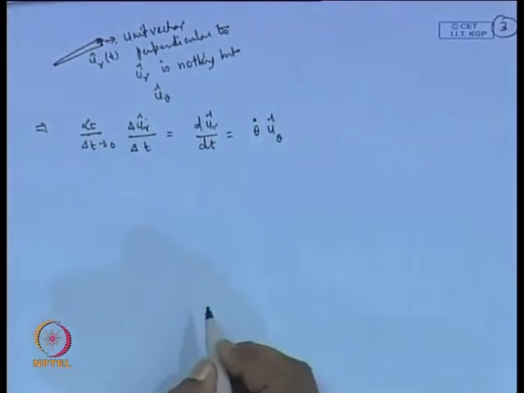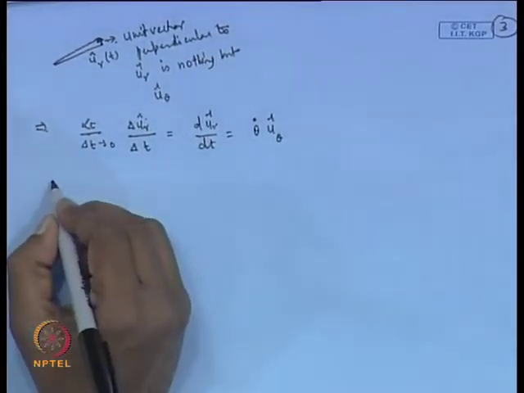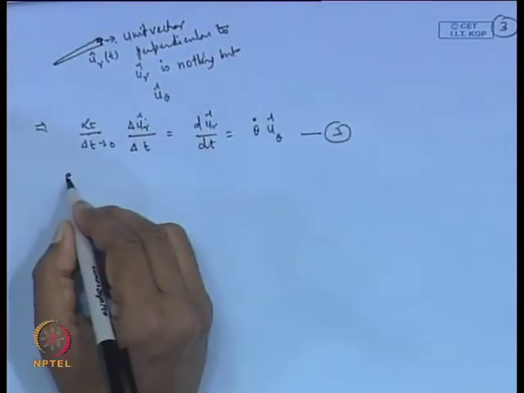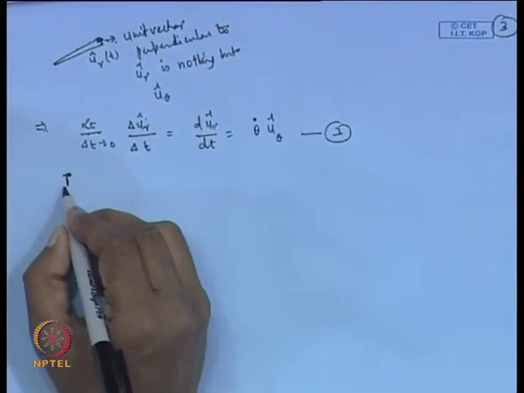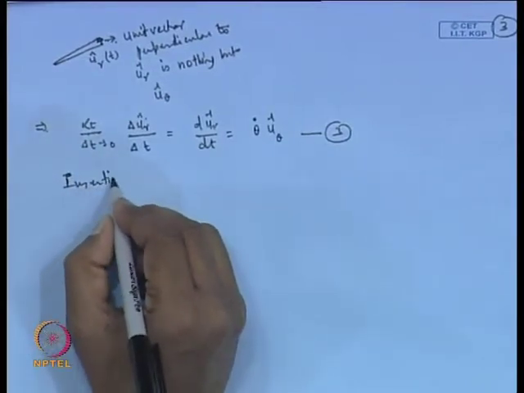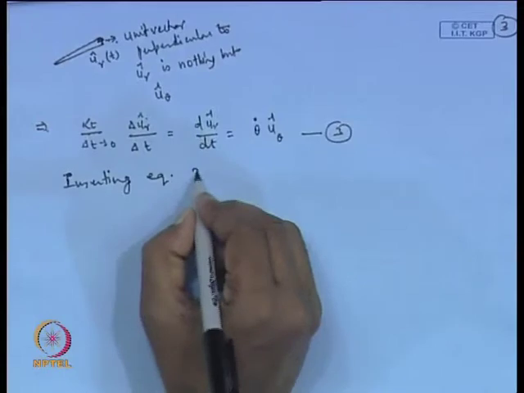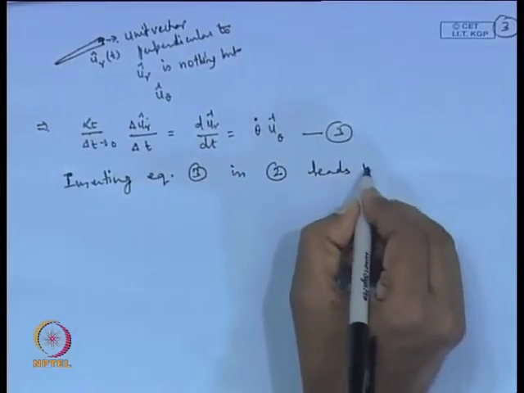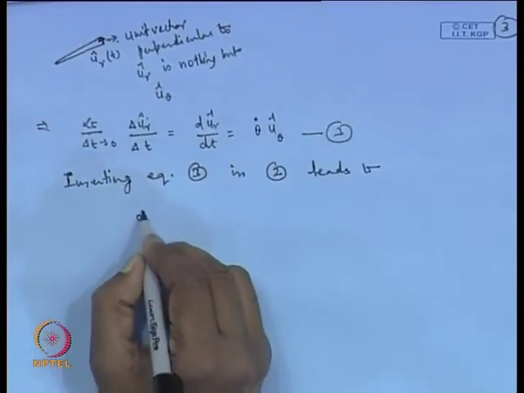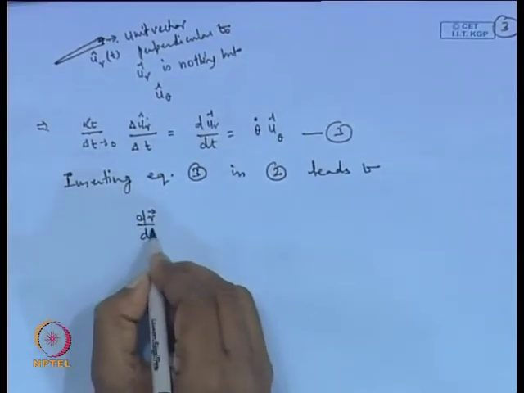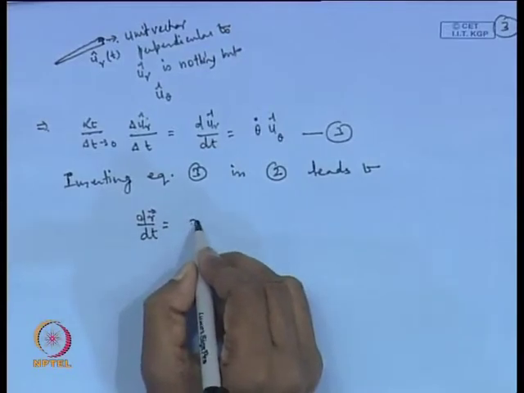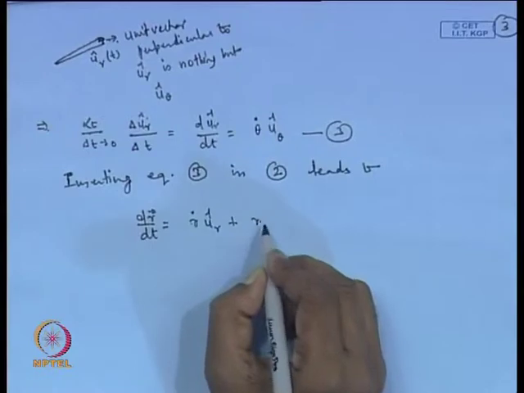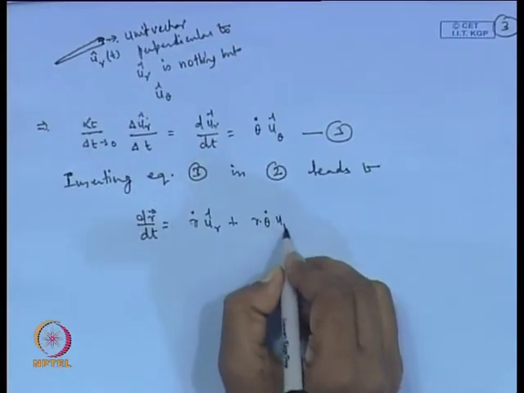Therefore, in equation 2, inserting equation 3 leads to dr by dt is equal to r dot times u r cap plus r times theta dot times u theta cap.